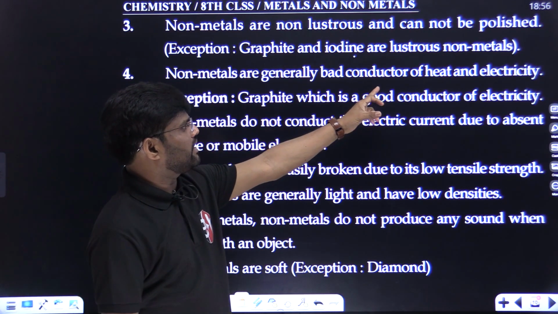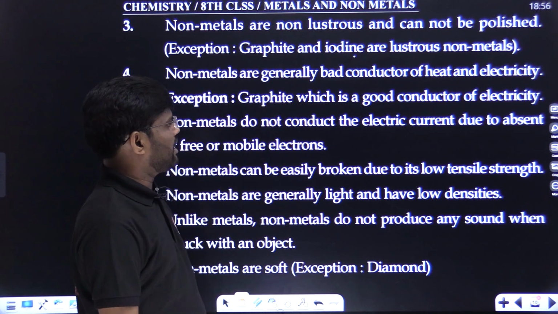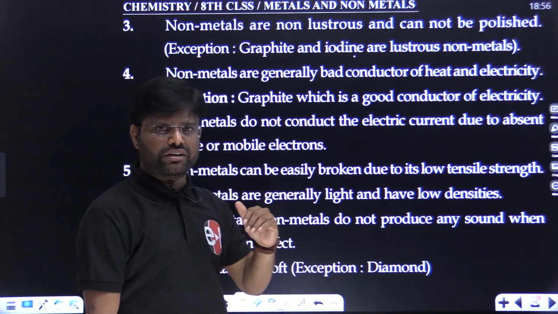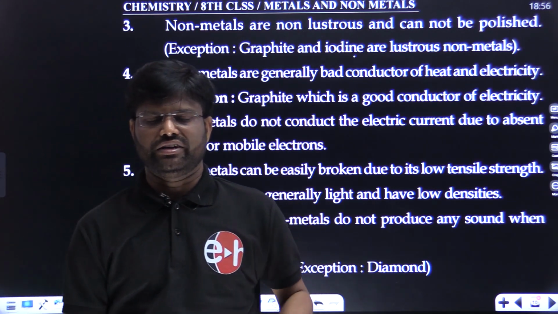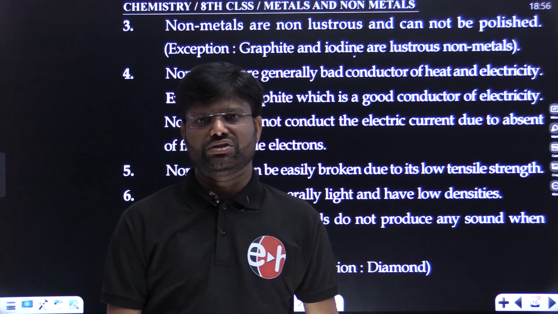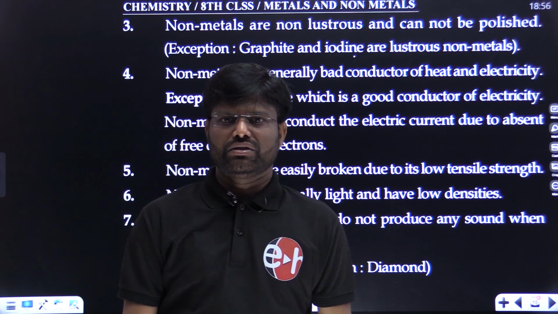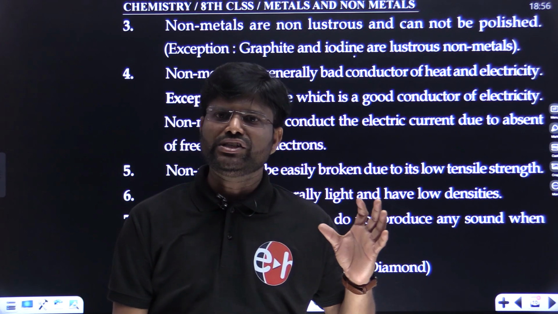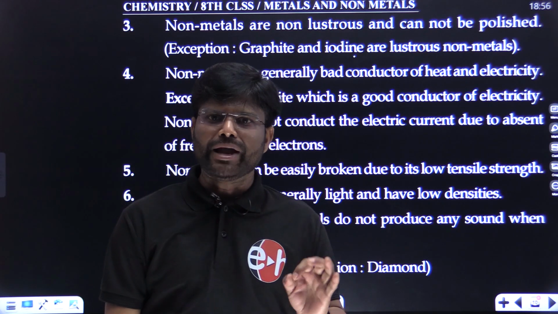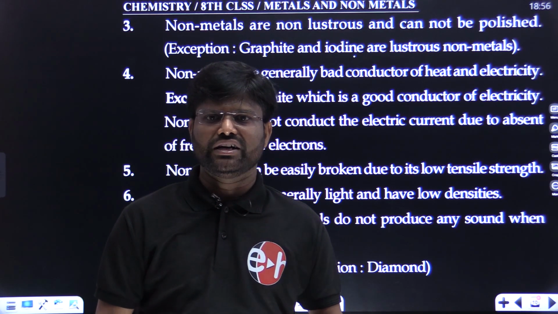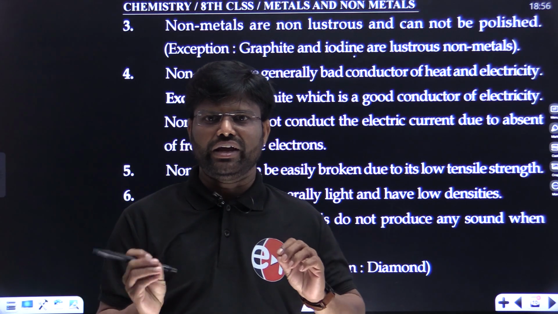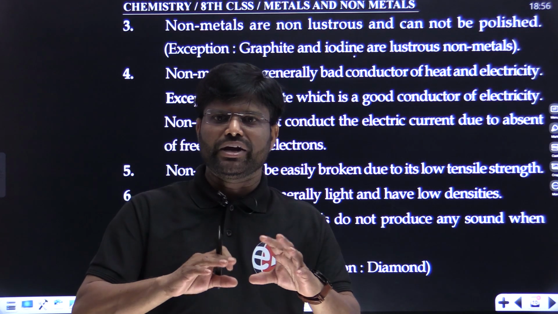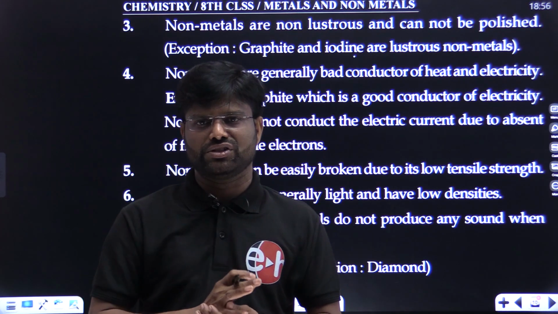Non-metals are generally bad conductors of heat and electricity except graphite, which is a good conductor of electricity, because free electrons are present, free flow of electrons. Because of that free flow of electrons, graphite is a good conductor of electricity, and pi bonds are present. The pi bond is weak, so when we pass electricity, it allows the electricity because of the movement of free electrons.